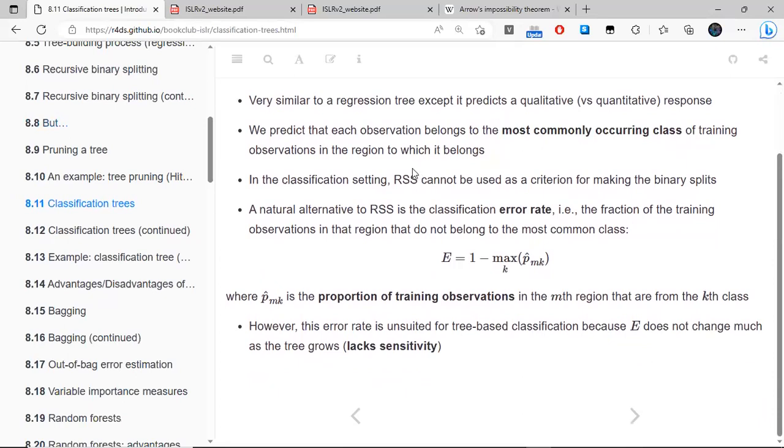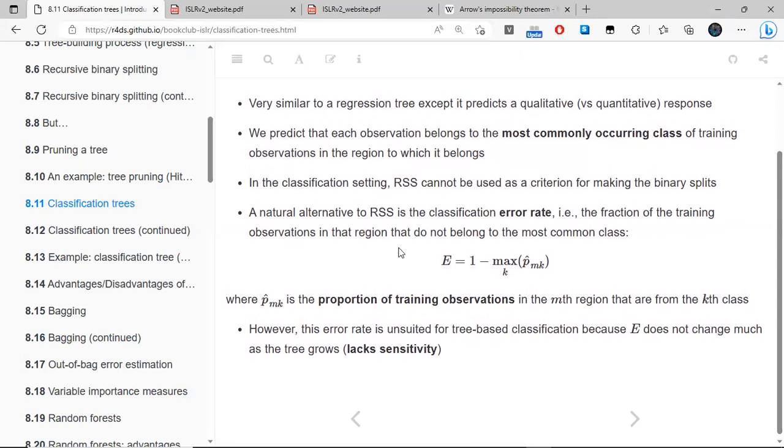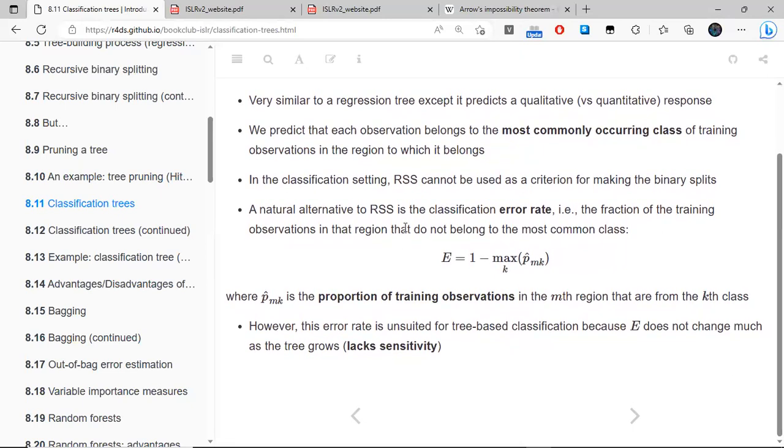Okay, so what's over here? This could be the prediction for each region, the most commonly occurring class. And again, we don't have an RSS because the predictions are not numbers. We saw this for the Bayesian case, and in the second or third chapter of the book we also have an analog for this classification problem, and that is the classification error rate.